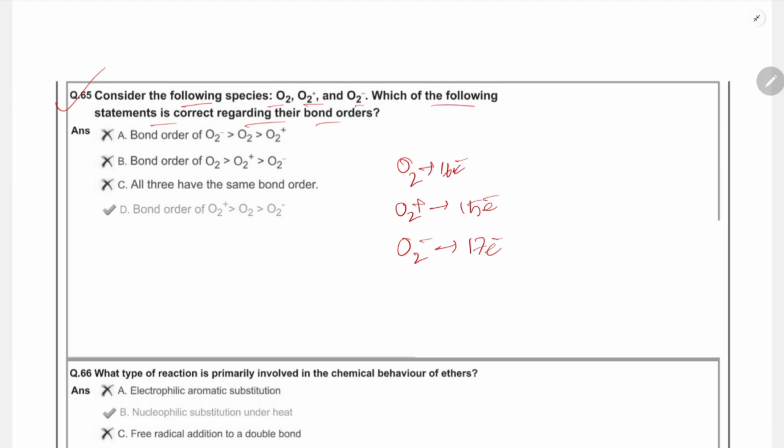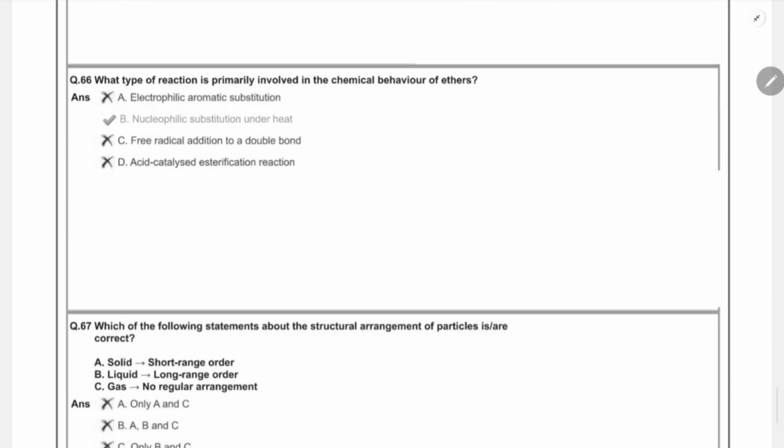The bond orders are 2.5 for O2 plus, 2 for O2, and 1.5 for O2 minus. So bond order will be highest for O2 plus. Option D is correct.